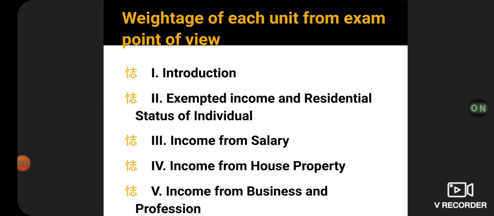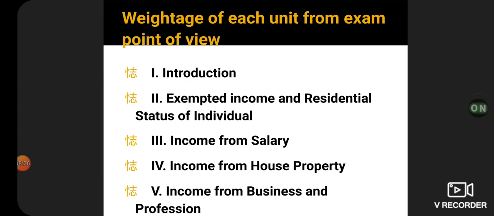Now, first unit, introduction. In the examination, from this unit 2 to 3 questions of 2 marks can be asked. For 5 marks, 1 definite question will be asked, and this unit has less weightage compared to the other 4 units, because as it is only theoretical, questions based on section C are asked very rarely in the previous year question papers.